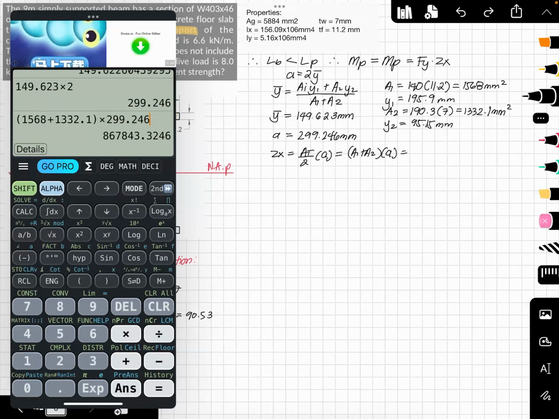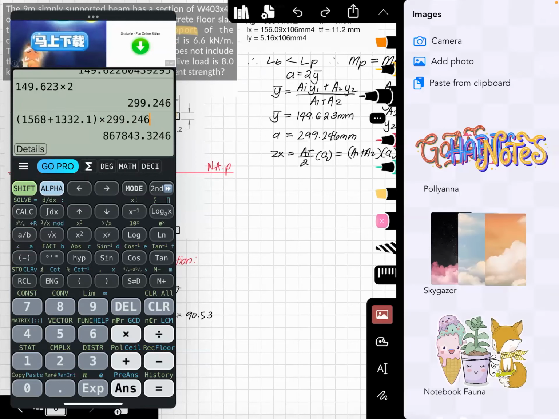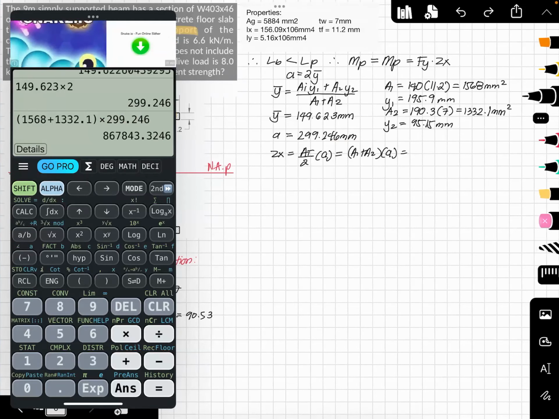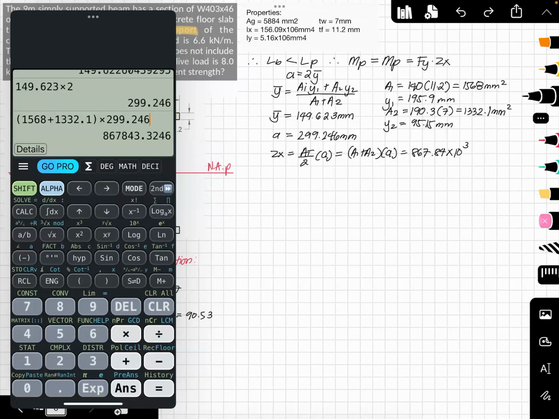So bali 867.843 times 10 raised to 3 mm cubed.